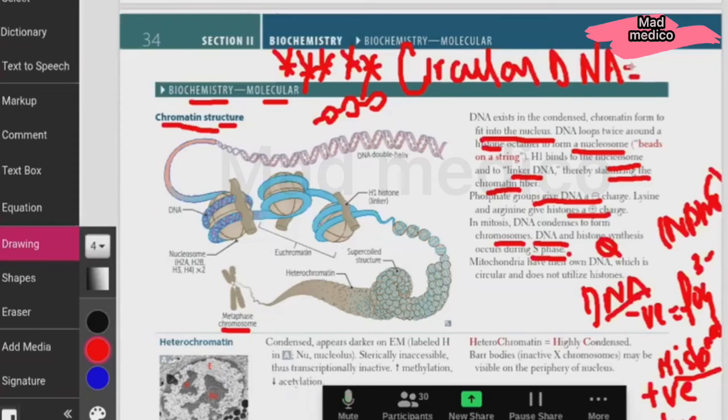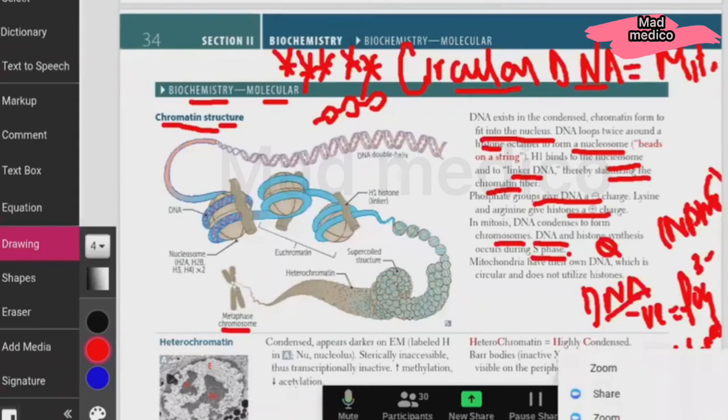It does not need histones to compact the structure into a chromatin form. It can compact by itself because the DNA is circular.